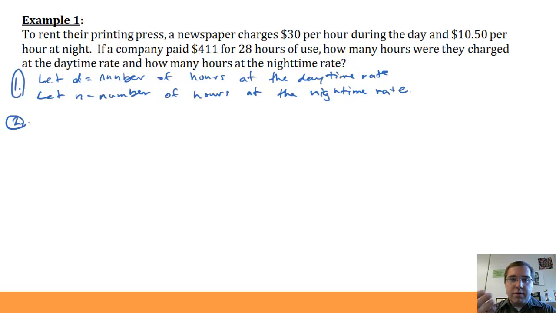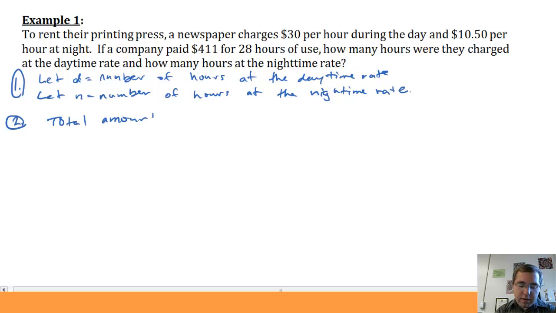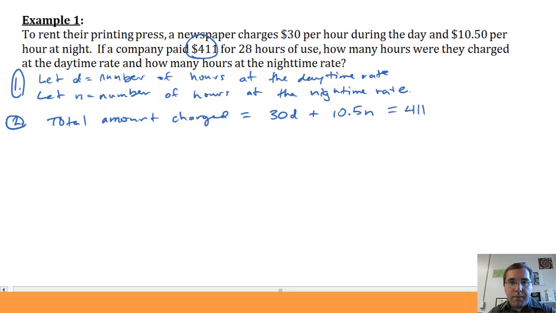So the total they were charged for night was $10.50 times N. So let's note what we know about the total amount that they were charged. Total amount that they were charged is the daytime amount, which is 30D, plus the nighttime amount, which is 10.5N. And we know what that number is. We know that that is $411. That is the amount that they paid total.